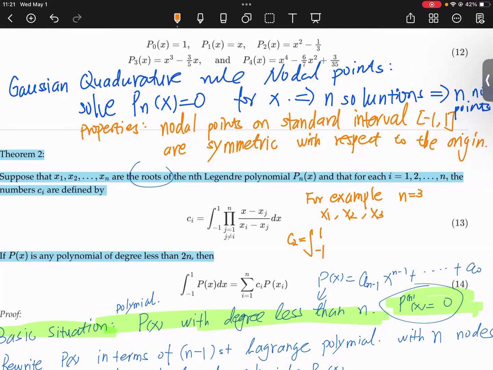So what's the first term? Let's say j equals 1, and i equals 2. The first item is x minus x1, divided by x2 minus x1, replacing j with 1.